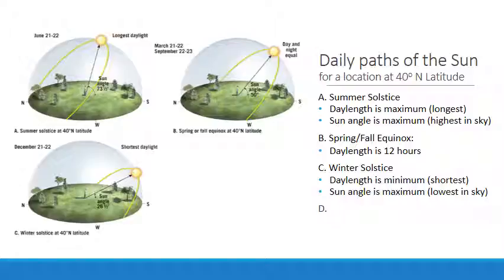Note on the table 2.1, that lists the length of day for different latitudes. The further north a location is from the equator on June 21st, the longer the period of daylight.